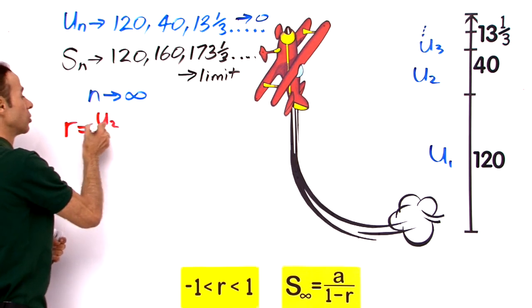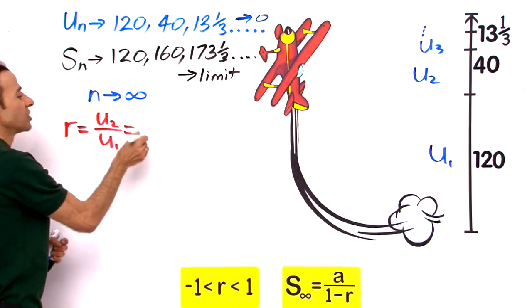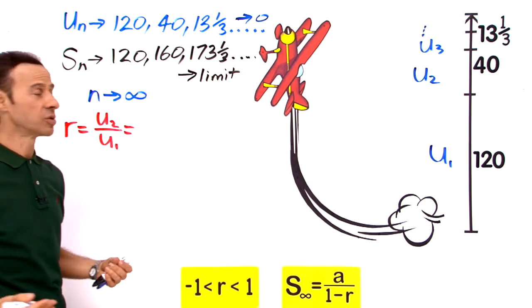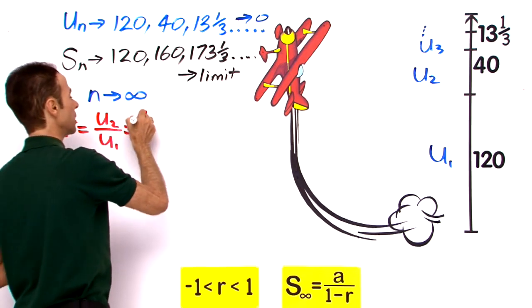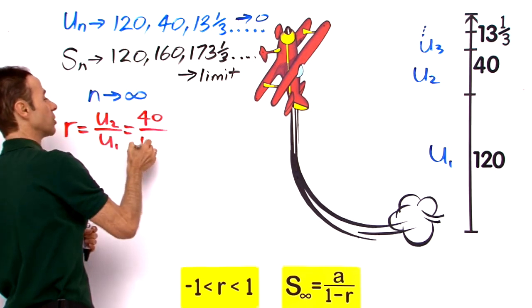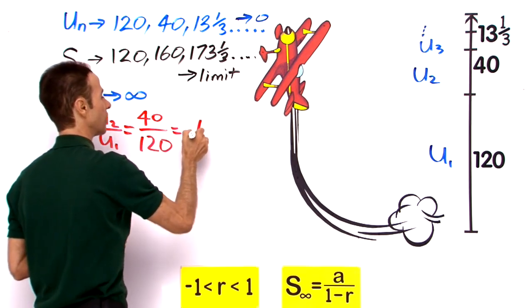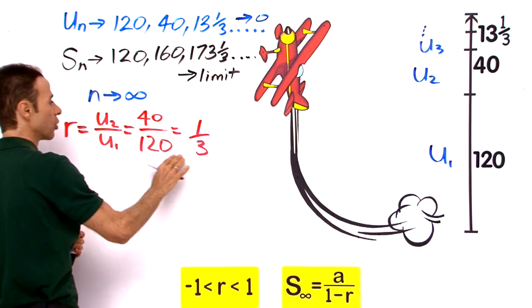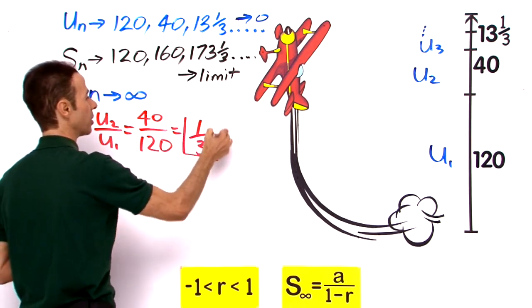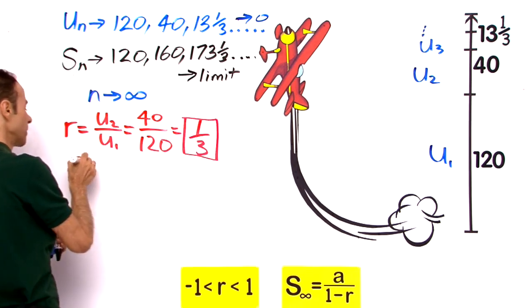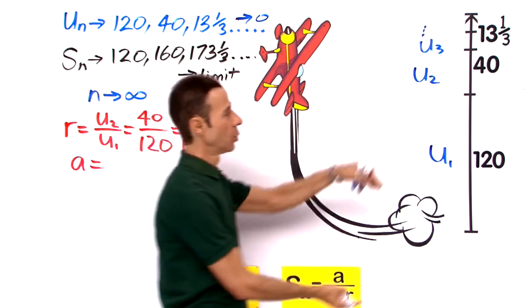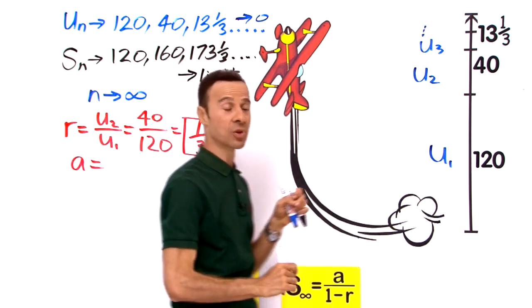So u2 over u1, which is the same as u3 over u2. So let's put 40 over 120, and that's going to give us our common ratio of 1/3. Now we have the first term, a, which is 120.